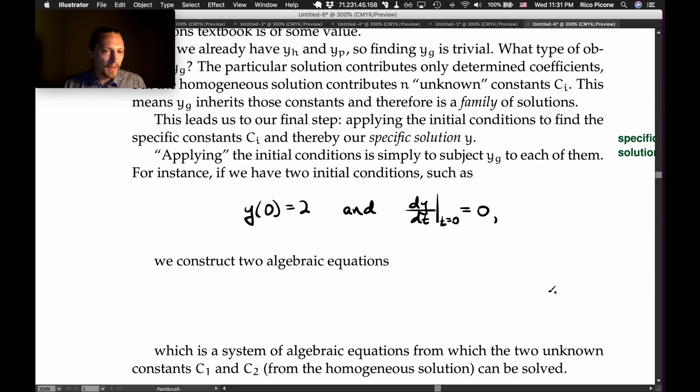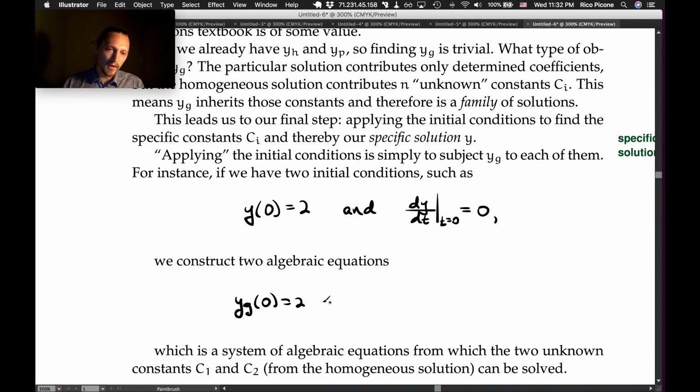From these, we can construct two algebraic equations by taking the general solution and applying the first initial condition. So yg at time equals 0 has to be equal to 2. Okay, that's one of the initial conditions being applied.